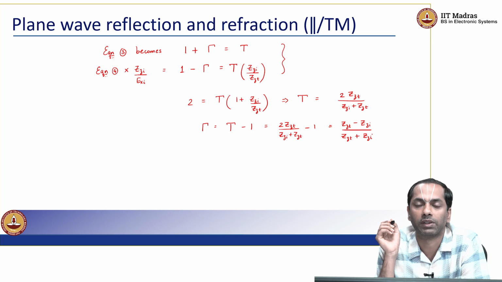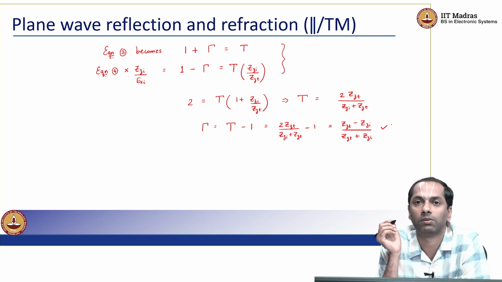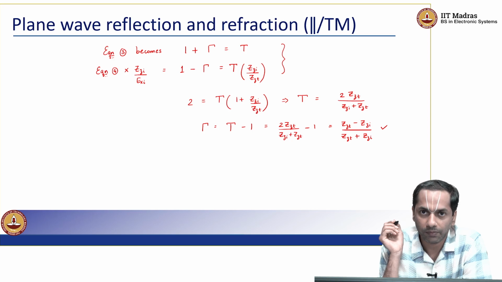So the reflection coefficient, the field reflection coefficient gamma looks very similar to the coefficient that you get for a reflection of a complex load ZZT connected to a transmission line with a characteristic impedance of ZZI, right?